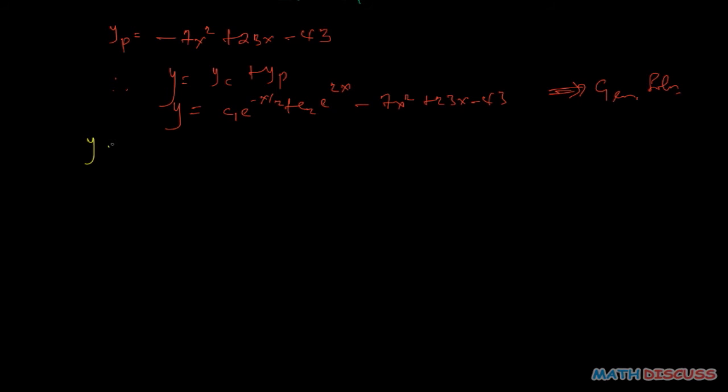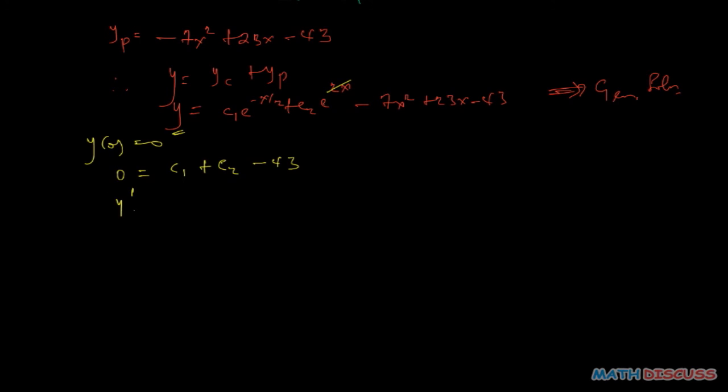It says y of 0 equals 0, so that is y is 0 when x is 0. So that's going to be c1 plus, when this is 0, this goes to 1, so this is going to be c2, then 0 minus 43. So we have one equation there.